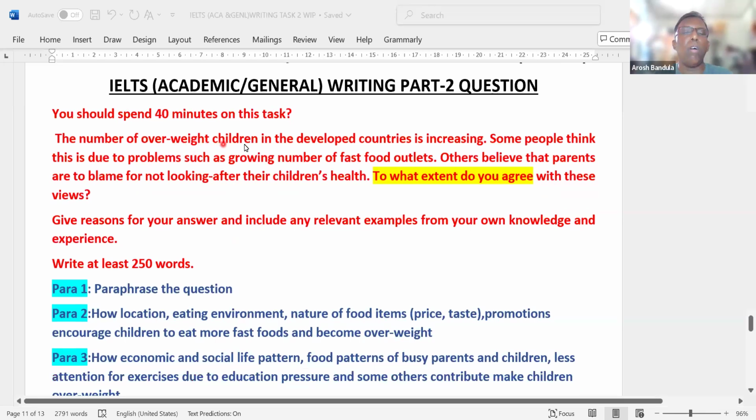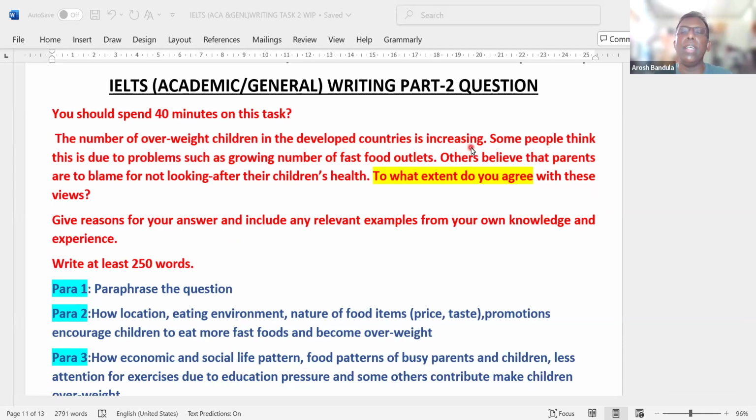The number of overweight children in developed countries is increasing. Some people think this is due to problems such as the growing number of fast food outlets. Now it is very clearly mentioned.